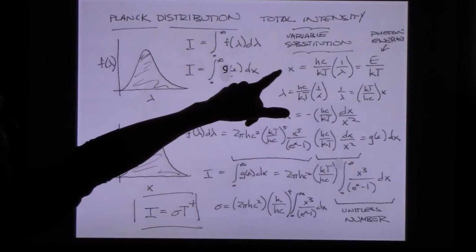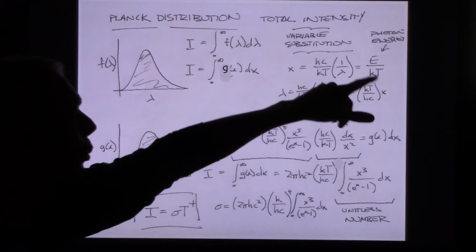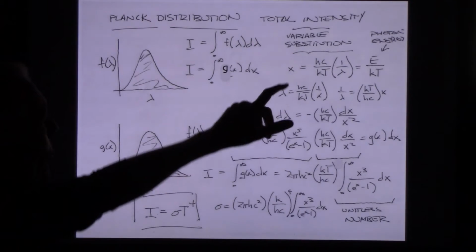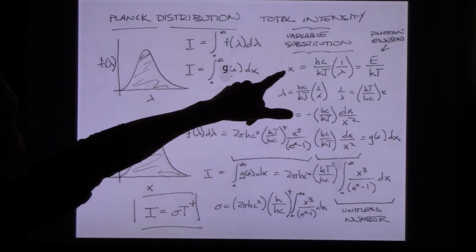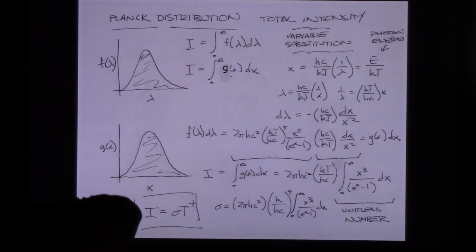So it turns out that this x variable that we introduced is directly proportional to photon energy. And I was saying photon energy is kind of the best way to think about this. Now, the reason x is dimensionless is because it's not just energy, it's energy divided by kT.